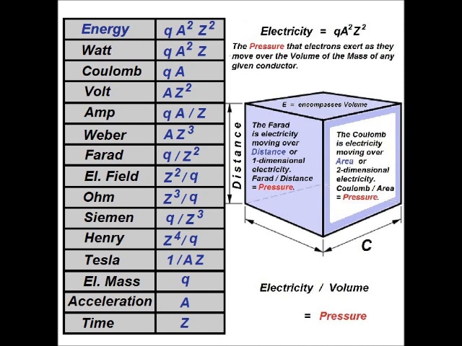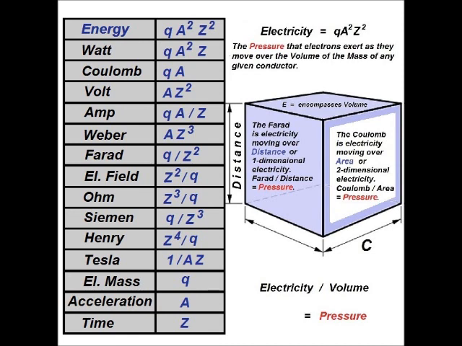The farad is the electricity in one dimension. Coulomb is electricity in two dimensions. The ohm is the resistance. The electrical field is simply the inverse of the farad, and the Siemens is simply the inverse of the ohm.